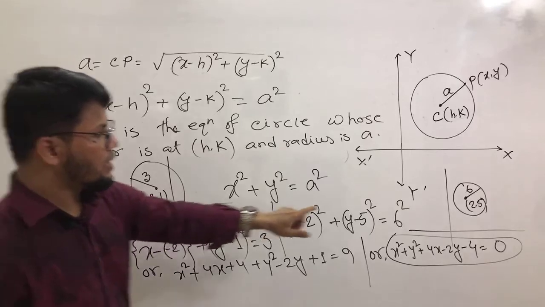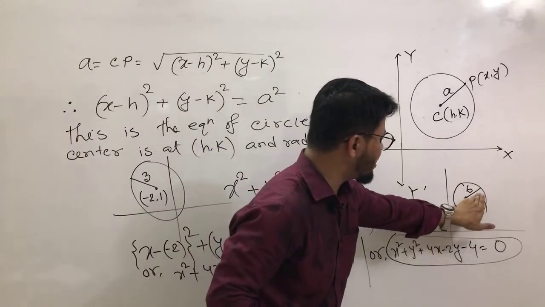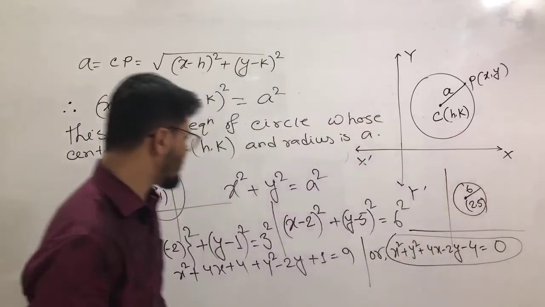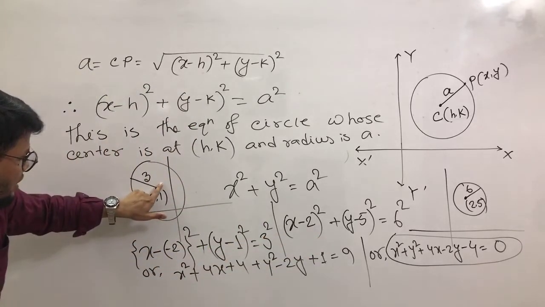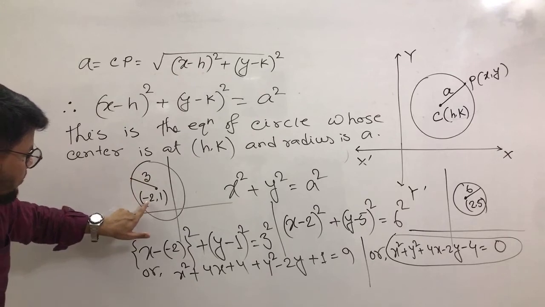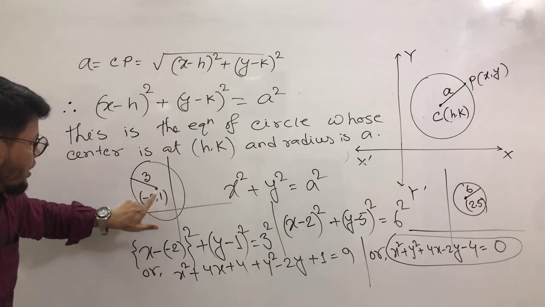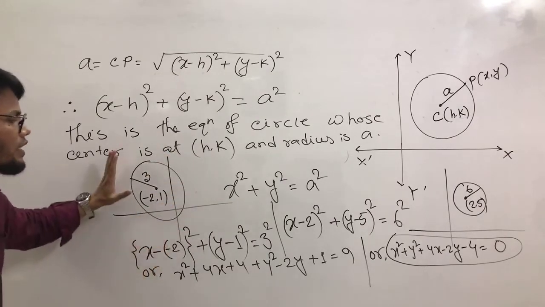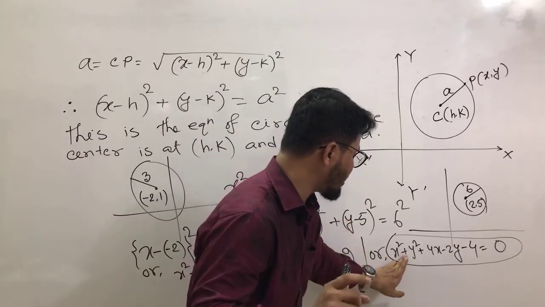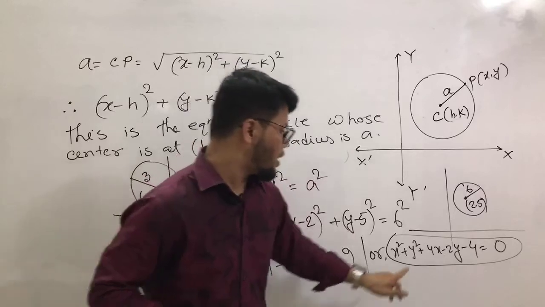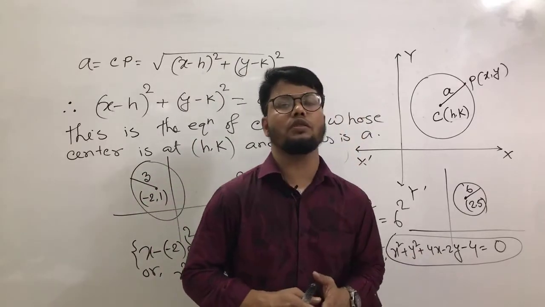The one is whose center is 2 and 5, radius is 6, find the equation of the circle. And if the center is in the second quadrant, that is the point minus 2, 1, radius is 3, then what will be the equation of the circle? After doing the calculation, we got x square plus y square plus 4x minus 2y minus 4 equals 0.